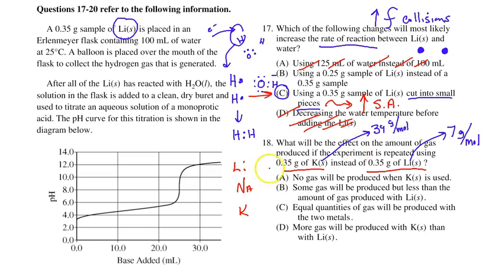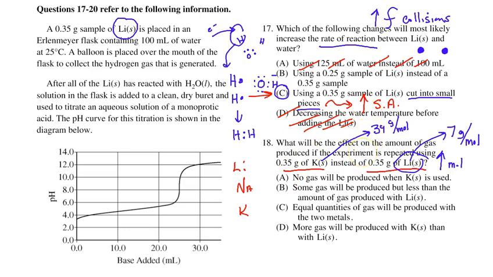So what does that mean? For the same mass, because the gram atomic mass is smaller for lithium, you've got more moles of atoms of lithium. And you can just do that: 0.35 over 7 will give you a bigger number than 0.35 over 39.